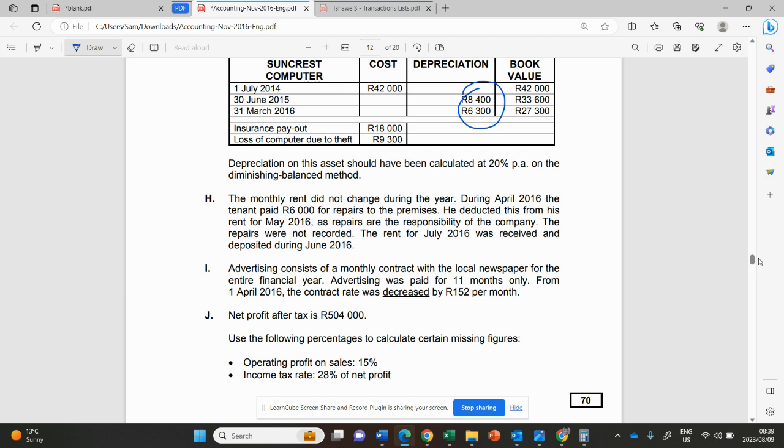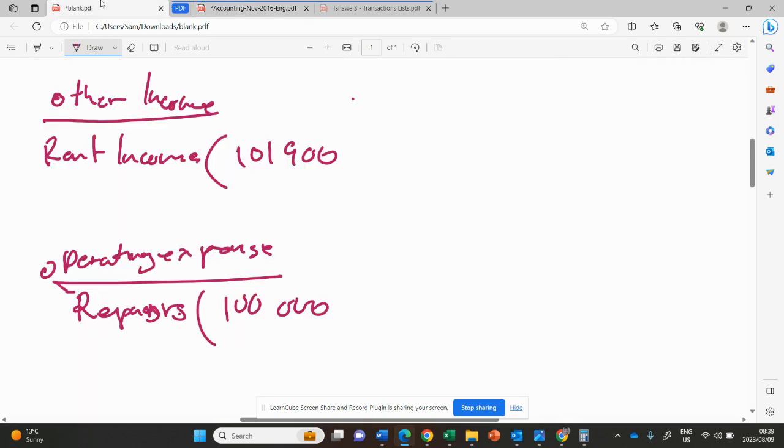They said the repairs were not recorded. So it means this payment for the repairs was not recorded as rent, because this tenant paid the rent with the repairs. You need to add the 6,000 here, and the repairs will be the expense of the company. Then it should be 6,000 here. You record it twice.